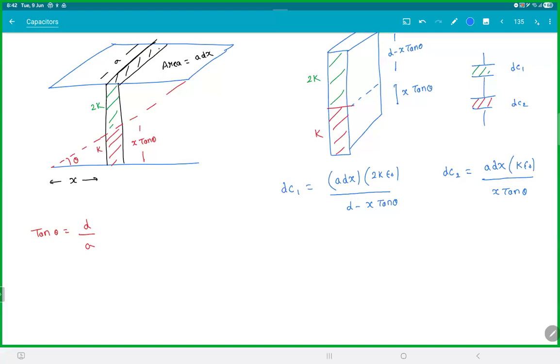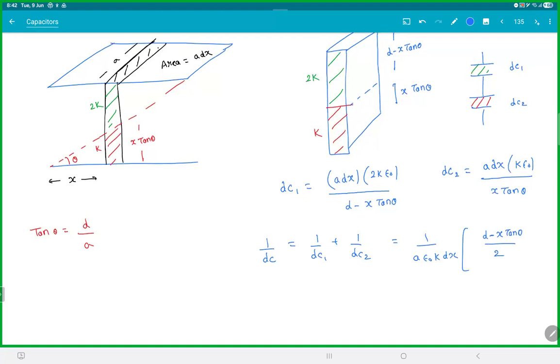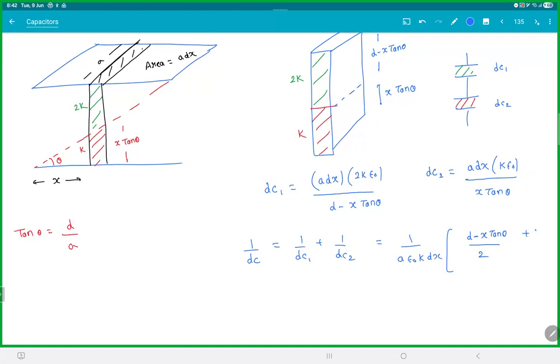Yeah, I think Samit, that is right. And these two capacitors are in series. So what is the C equivalent? 1 by dC is 1 by dC1 plus 1 by dC2. And this would give you, when you reverse this, 1 by a epsilon k dx times d minus x tan theta by 2 plus x tan theta.